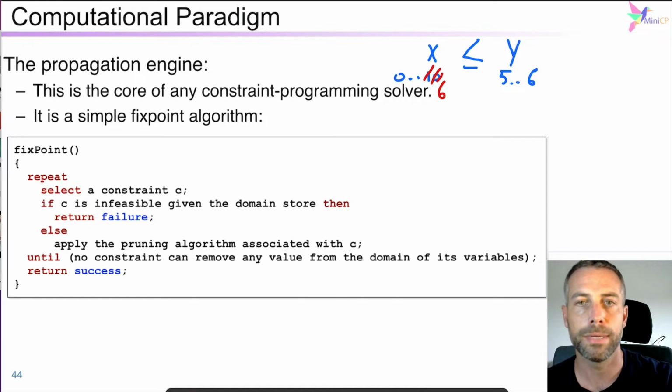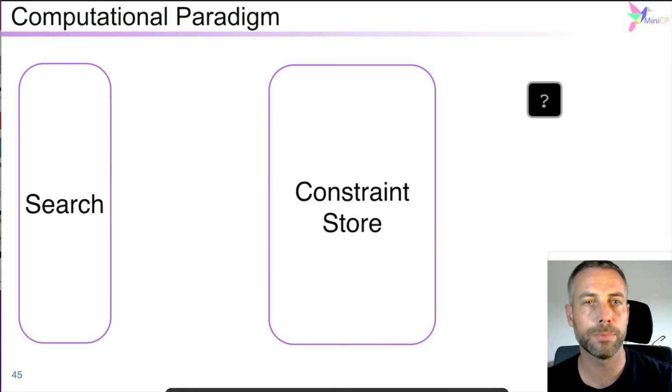Because if you would give the value 7 to x, then this constraint cannot be satisfied anymore. So we know that the pruning algorithm of that constraint should update the maximum value of x in this situation to 6.